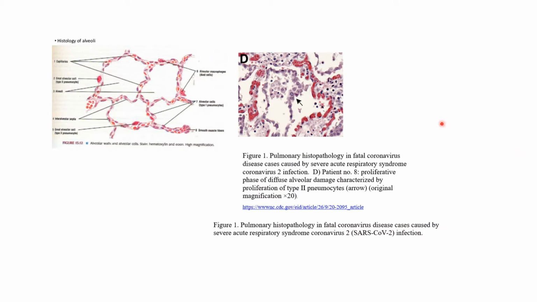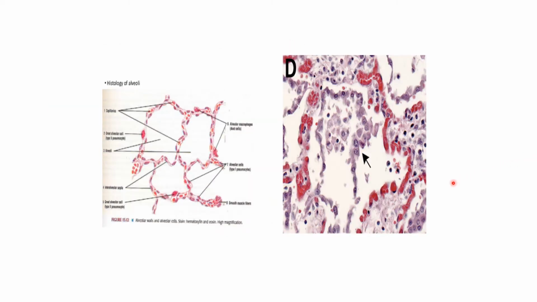This is a histological slide from autopsy material. That nice epithelial layer in the normal lung, consisting of type 1 and type 2 pneumocytes, is no longer there.